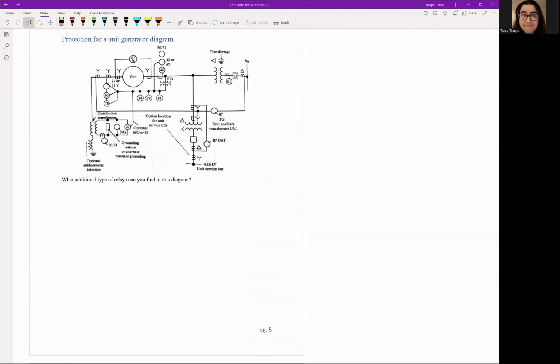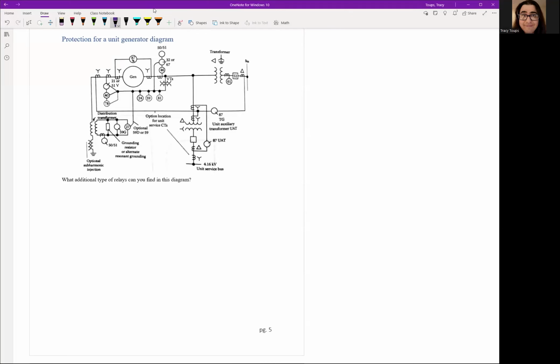So here's probably the bigger, more common one, your unit connected generator. So, unit generator diagram here. These are the protected devices. So in addition to everything we talked about previously, we're adding some more. Let me use a different color.